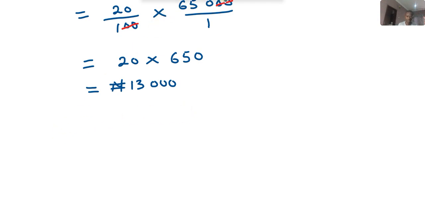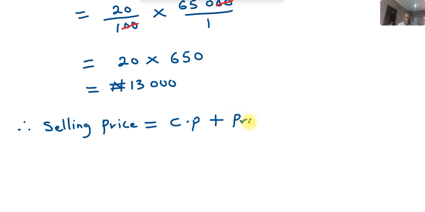So we have the selling price, therefore, the selling price will be equal to our cost price plus the profit. So in that case, what's our cost price? According to the question, our cost price is 65,000 naira.